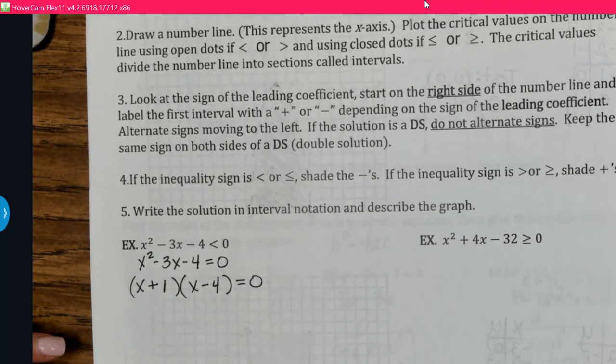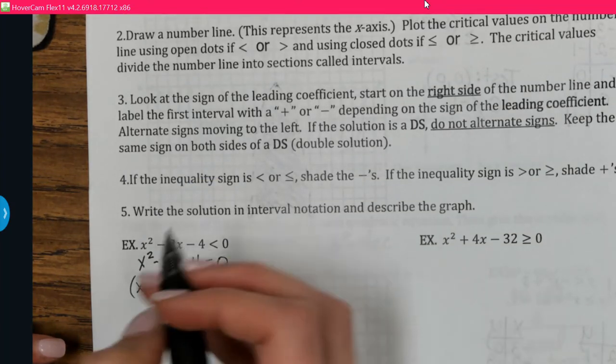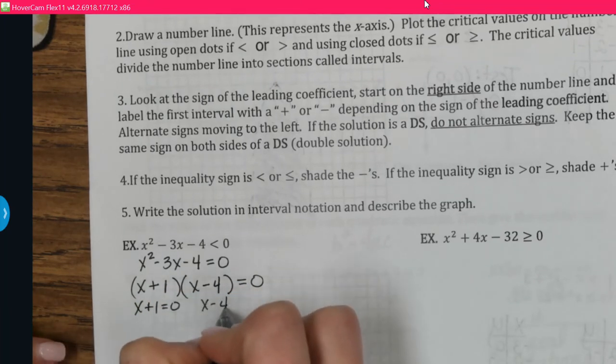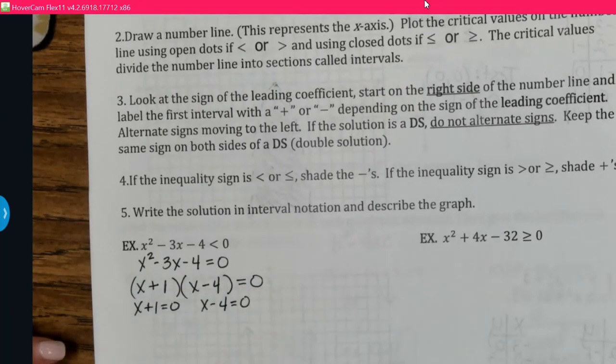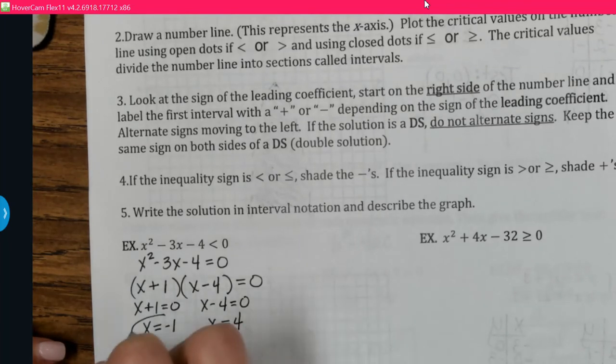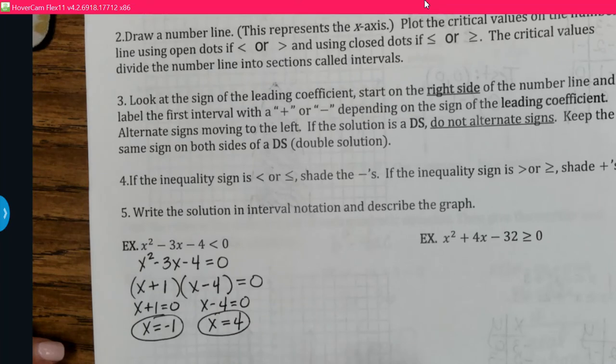Remember, your largest factor takes the sign of the middle. So then I'm able to say x plus 1 equals 0, x minus 4 equals 0. So x will equal negative 1 and x will equal 4. Those are my two critical values. I've got negative 1 and I've got 4 on my number line.